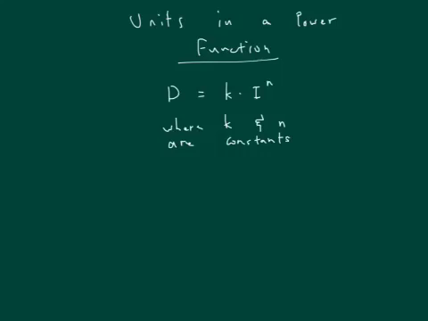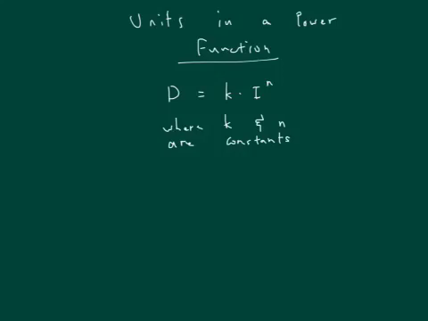Whenever we do an experiment, we always know what the units of the dependent variable are. If your dependent variable is final velocity, it has units of meters per second. If your dependent variable is, I don't know, height, then it has units of meters. Likewise, we always know what the units are for the independent variable. But what about the constants? And that's what we're going to look at next.